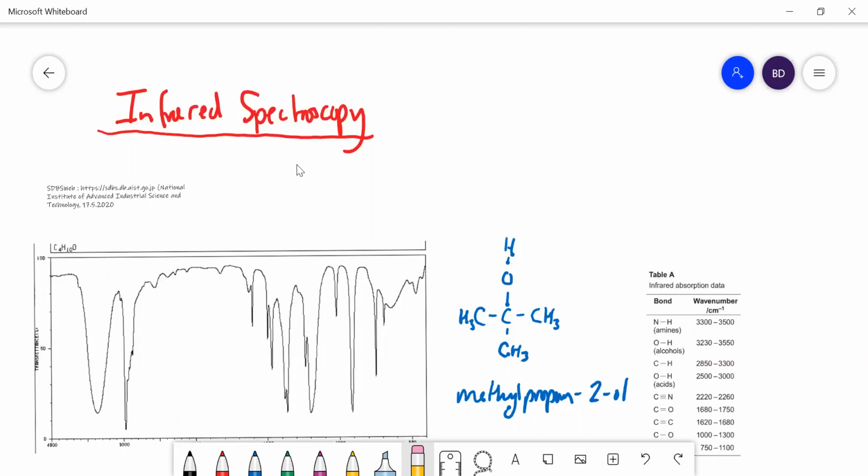Right, so there's a sample, so it's not in a test tube, I'll just draw a test tube, and infrared light is shone through it, and you have a detector there, which detects what comes through.